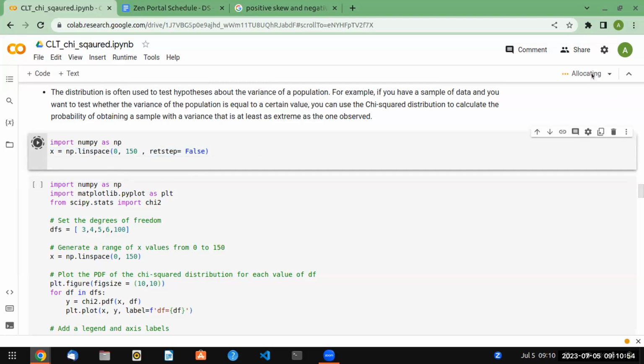In the x-axis, I am plotting np.linspace from 0 to 150. This will generate evenly spaced numbers.